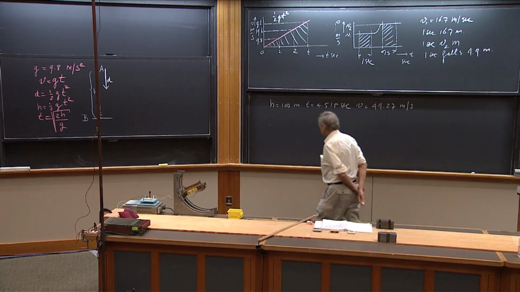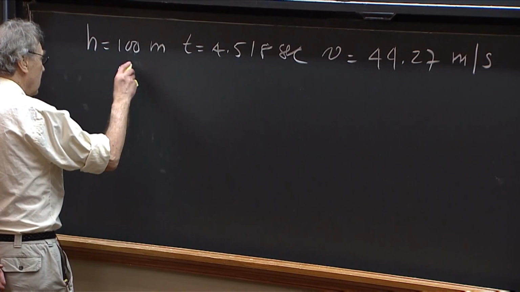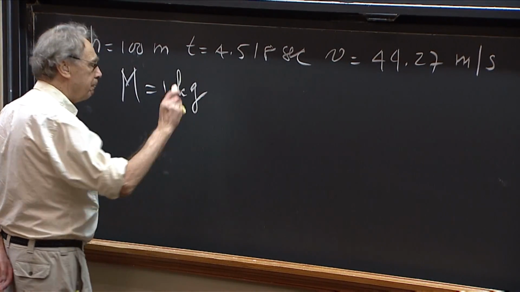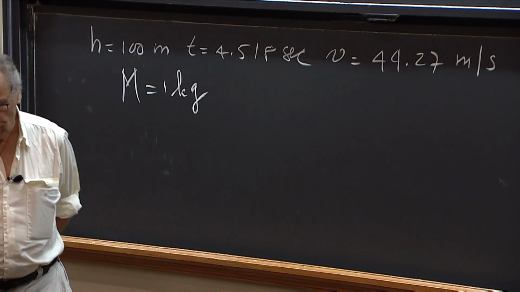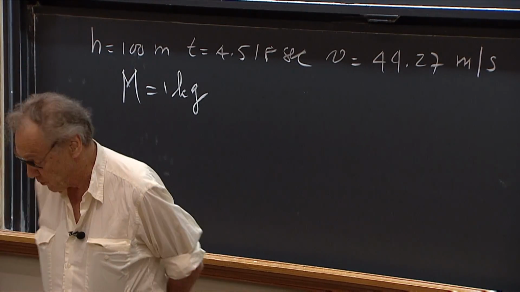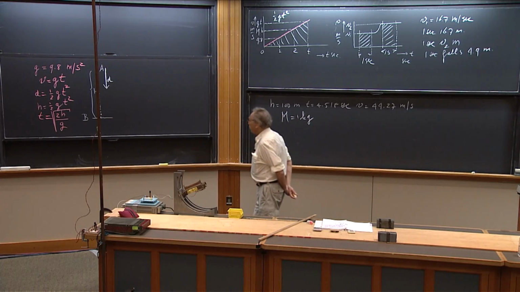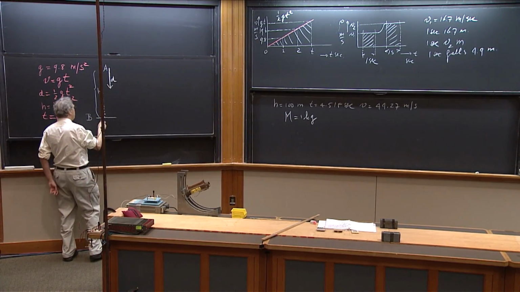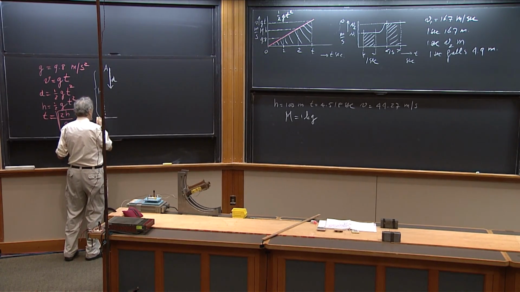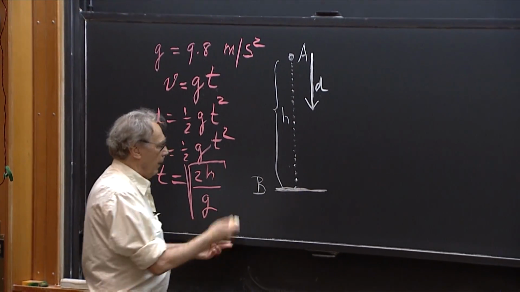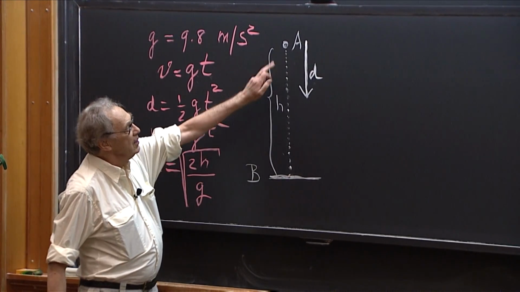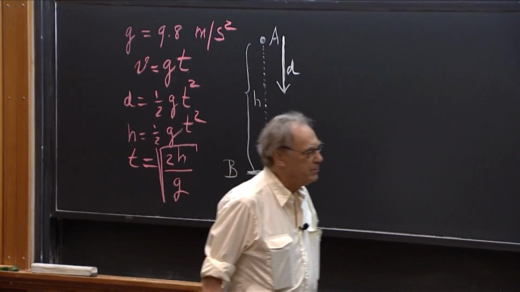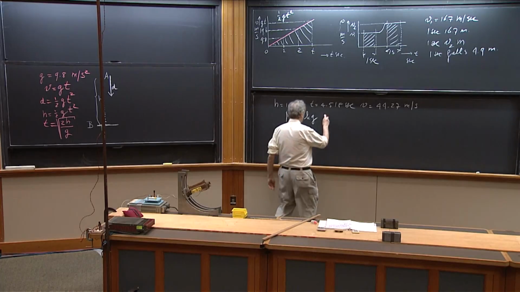Now that we are so far, suppose the mass that I drop is 1 kilogram. Then I can also calculate, as we did last time, what the difference is in potential energy between point A and point B. This is the ground. We will give this arbitrarily potential energy 0, and then the potential energy at A is higher by the amount mgh. Perhaps you remember that.